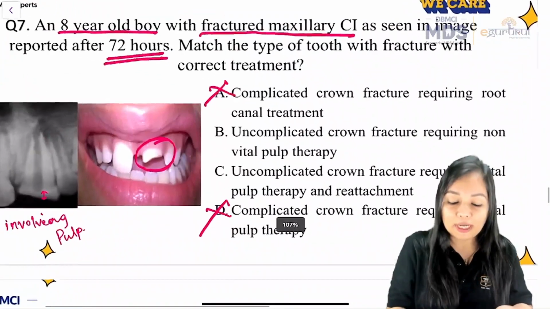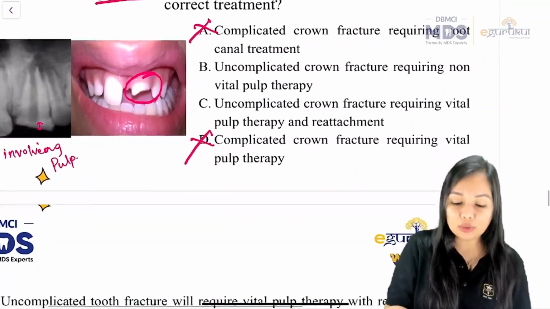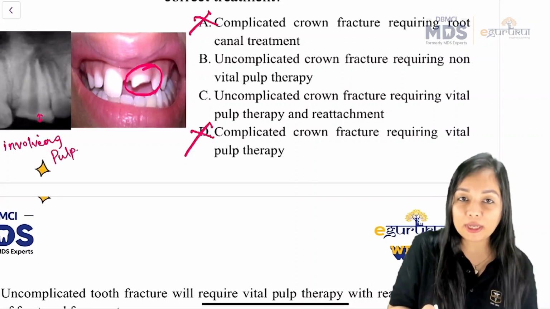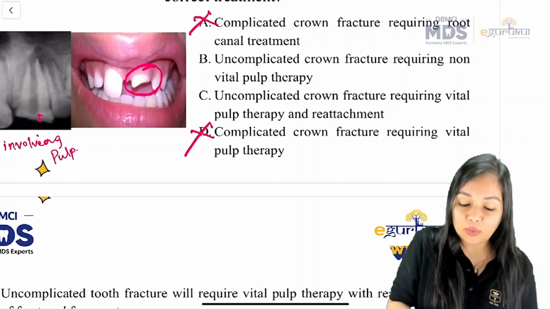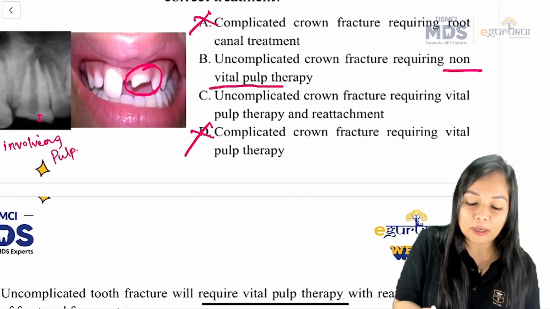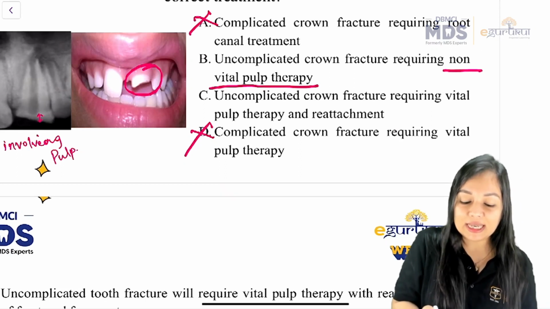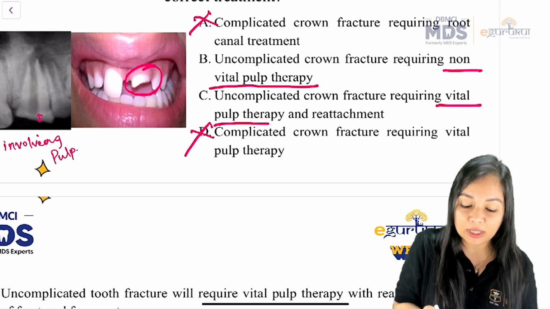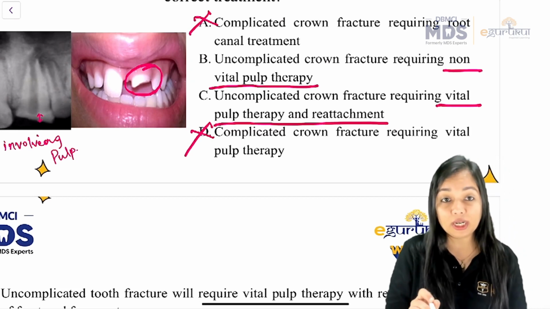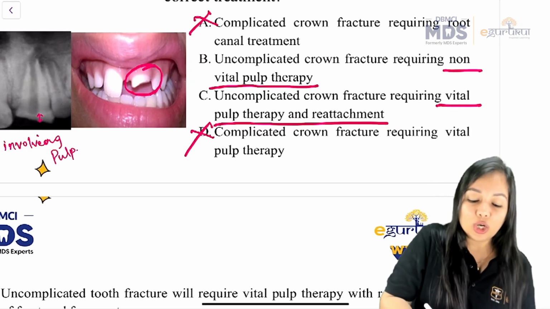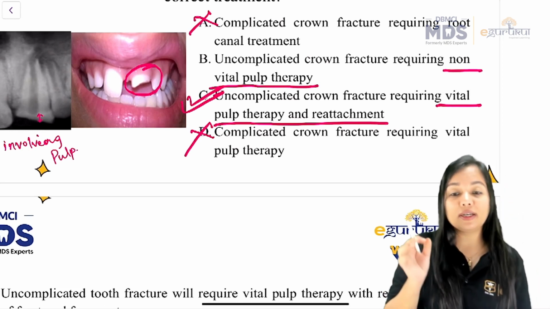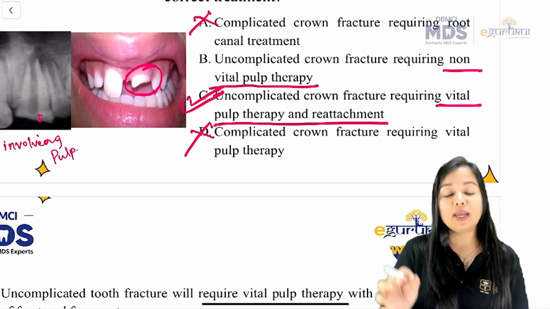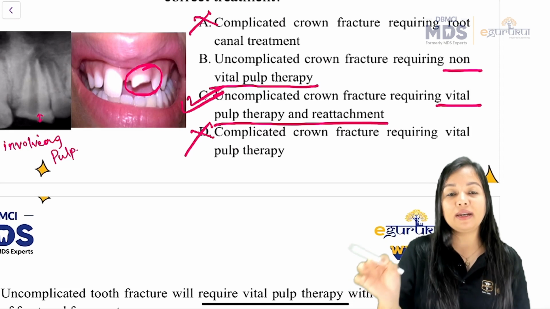The other two options say an uncomplicated crown fracture requiring non-vital pulp therapy, and C says an uncomplicated crown fracture requiring vital pulp therapy and reattachment. So the answer here is an uncomplicated crown fracture requiring vital pulp therapy and reattachment.